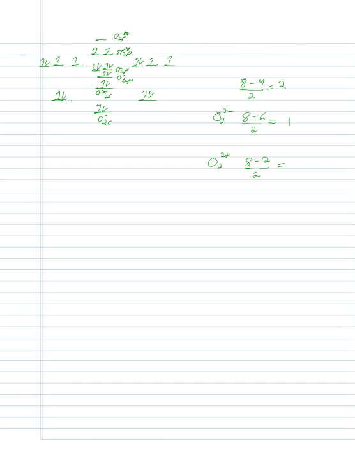Okay, all my bondings are filled. I gotta add up here. So if I add into antibonding, I'm going to have 2 more antibonding electrons. So I would have 8 minus 6 over 2. Okay, so for O2, 2 minus, I get 8 minus 6 over 2 for the bond order, and that comes out to be 1.